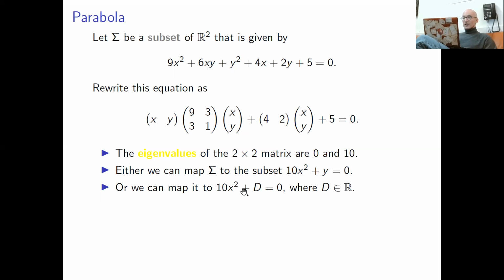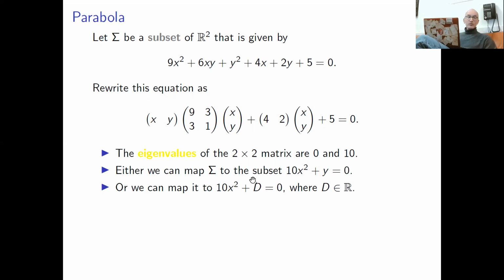We can argue as in the hyperbola case, but a little bit simpler. If you find at least one point on this curve, then it definitely means this is not an empty set. If you find 3 points on this curve that are not contained in one line, this basically means d cannot be 0.